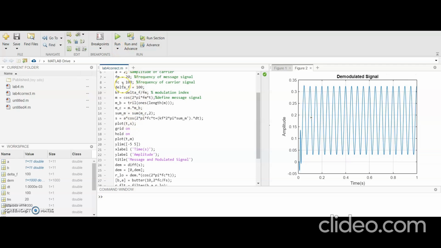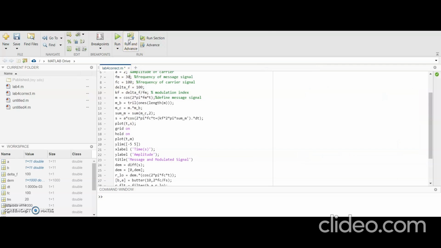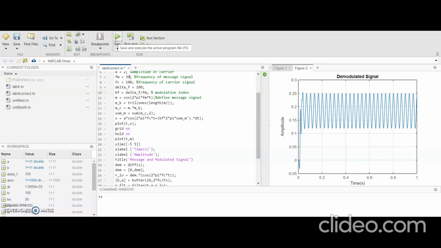And what if we change it to 30? When we change it to 30, the graph will become more crowded and the period will become even shorter. So we can conclude that the higher the Fm, the more crowded the graph is and the shorter the time period.